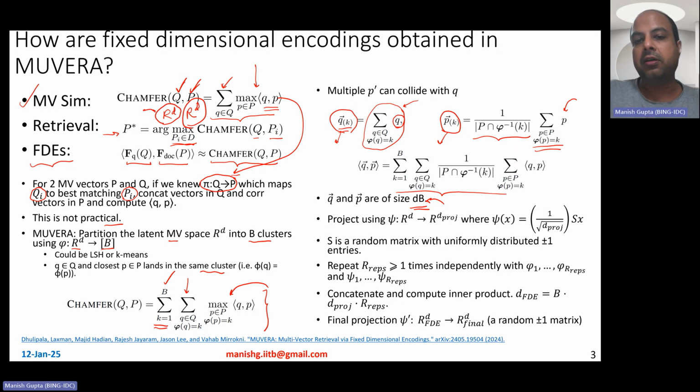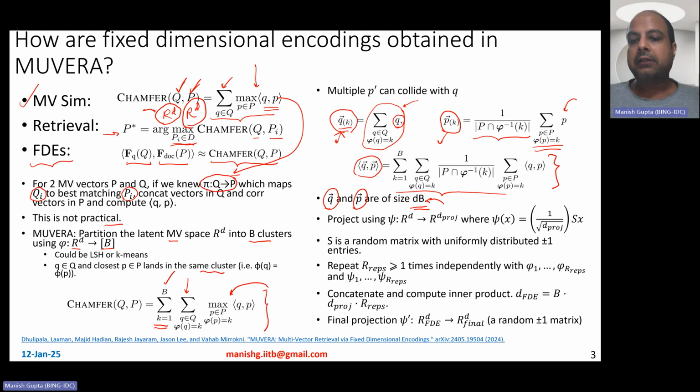You concatenate all of those B vectors, each of D dimensions, so you end up with a vector Q bar and a vector P bar, which are concatenations of these B vectors, each of dimensionality D. Then you take the dot product, and it's very easy to show that this approximates the Chamfer similarity.